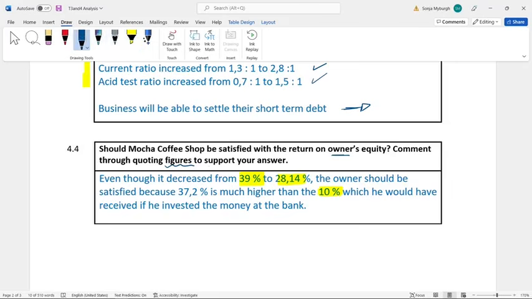This is supposed to be 28,14%, which is still more than what they receive at the bank, the 10%. So if the owner took his money and put it in the bank, he would have earned 10% on his investment. Now he's taken a higher risk, and he earns 28,14%, which is still very good. Last year, yes, it was 39. This year it decreased, but it is still more than the 10% that he would have received from the bank.